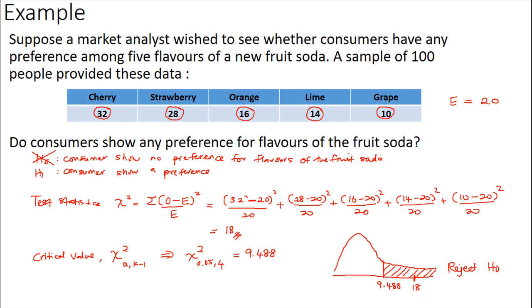And then you have to summarize the result. We know the result is that consumers show a preference. So you have to write the conclusion, the summary. There is enough evidence to reject H naught.